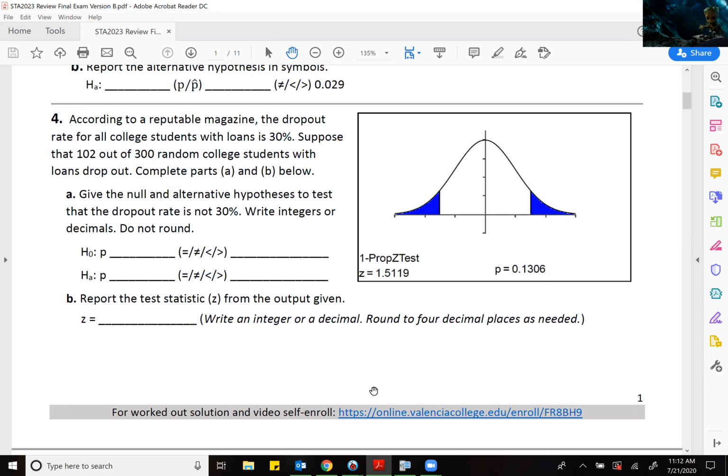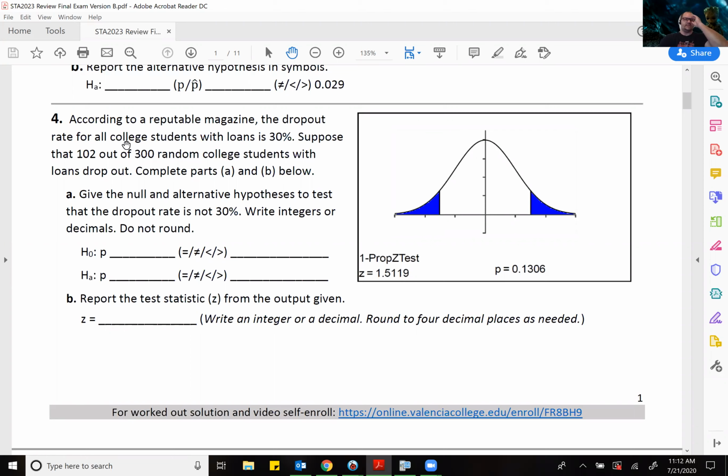Looking up here, yeah, so this one is coming from 8.1 as well. I wanted to say this might have been an 8.2 problem, but it's actually an 8.1. All right. So they want us to write the hypotheses and then report what the Z statistic is.